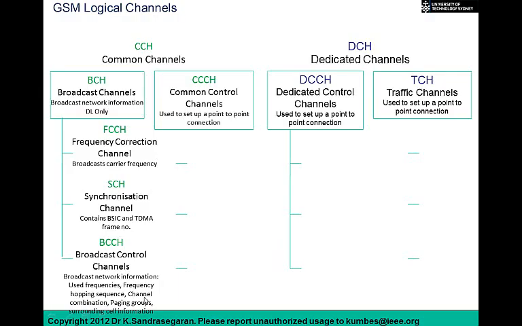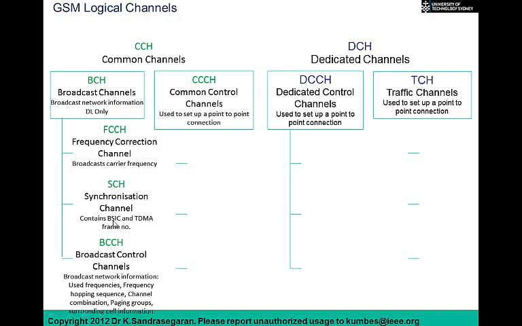Say, for example, if you're using frequency hopping, what is the hopping sequence that you're using? When you use paging, you could have paging groups and so forth. So all of this information, FCCH, SCH, BCCH, are all classified as logical channels within the broadcast channel.